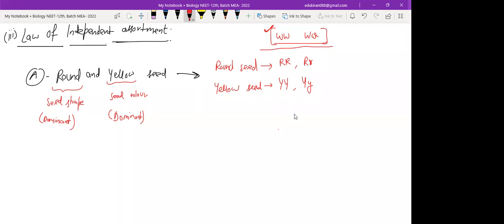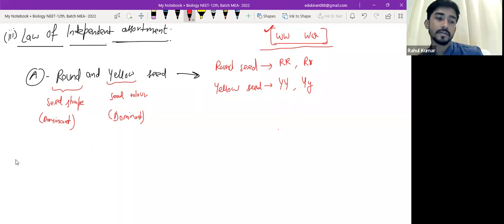Everyone? Now tell me, the first point here is, if I'm saying I have a plant which is pure line round and pure line yellow, so what will be the genotype? How will I write it?